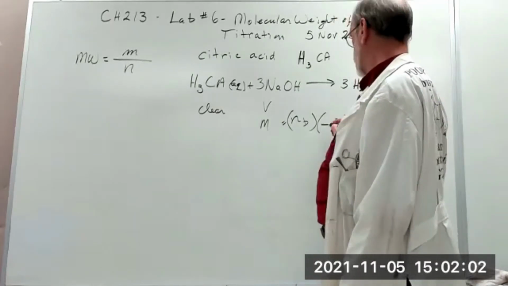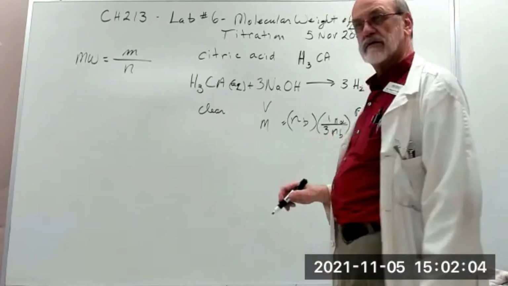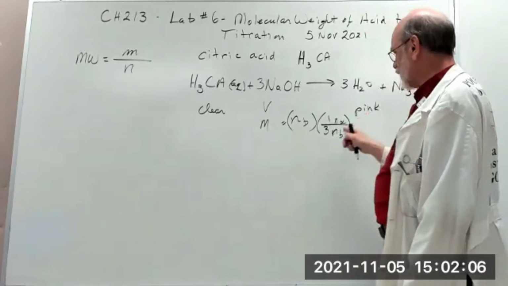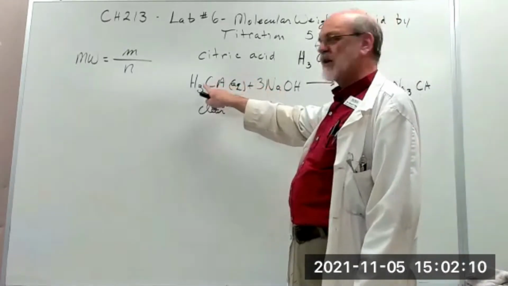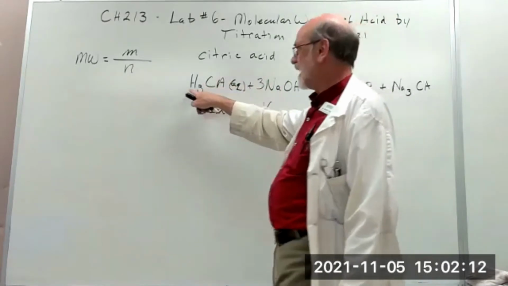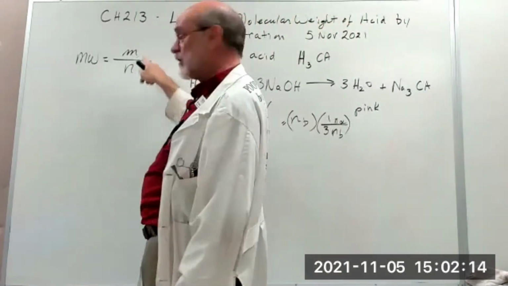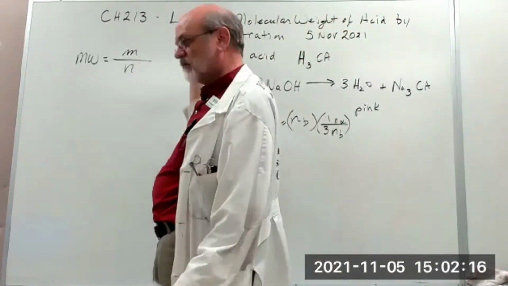What's the ratio? 3 of these to 1 of those. So if we find the moles of base, we take 1/3 of that, which gives us the number of moles of acid. And it goes in here along with the mass that we weigh before we put it in solution. We got our answer.